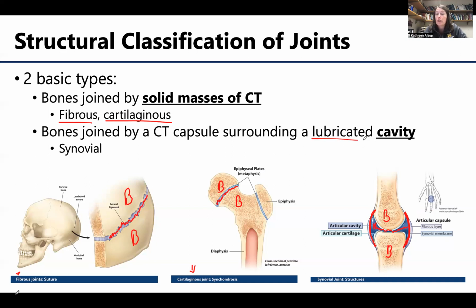It's going to be lubricated by synovial fluid. And this space in between the bones is important because it allows for more movement to occur at these joints. And so the major example, and really the only example of these, are going to be synovial joints. Again, we're going to talk a little bit about fibrous and cartilaginous joints, but the majority of our time, we're going to be focused in on the synovial joints.